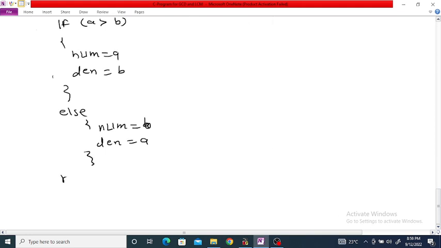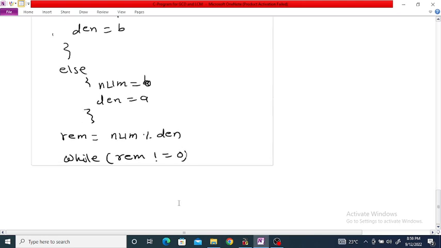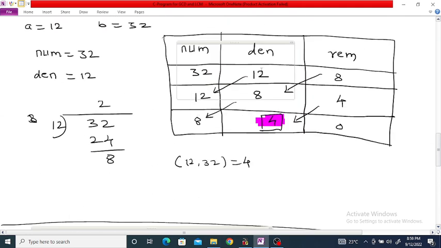Now next we are going to determine the remainder. Remainder is equal to numerator percentage denominator; this percent sign is the modulus sign. It determines the remainder when we divide numerator by denominator. And then we use a while loop: while remainder is not equal to 0, numerator is equal to denominator, denominator is equal to remainder, and remainder is equal to numerator modulo denominator.